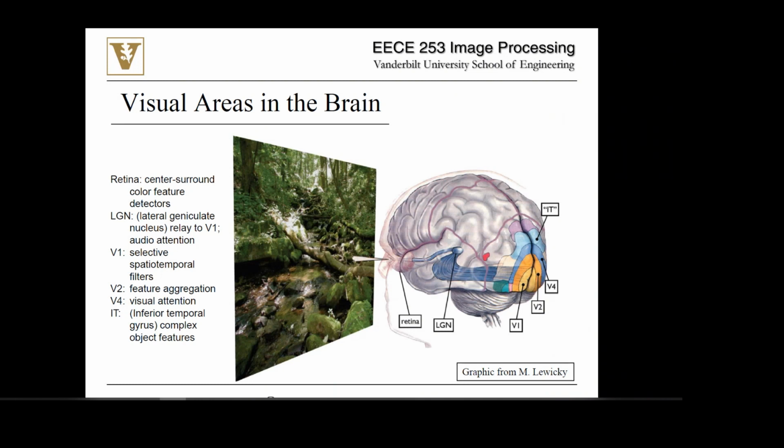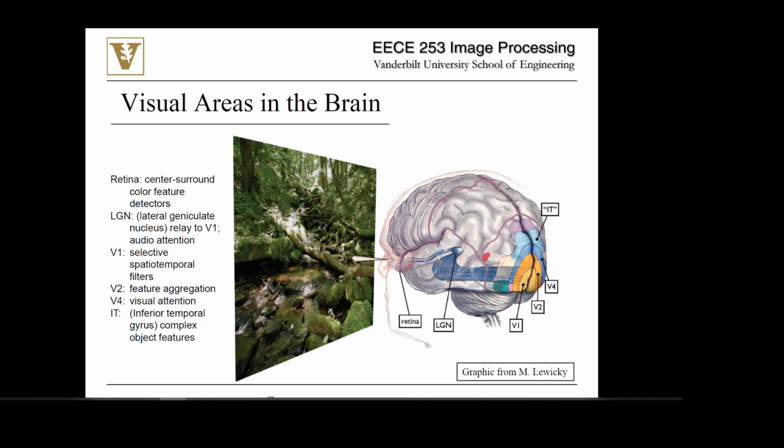And then there is another layer that pays attention to what is interesting in those features that we are seeing. And there's a hierarchy of processing, at the low level things, and then features of higher level, higher level, until we understand what we see.